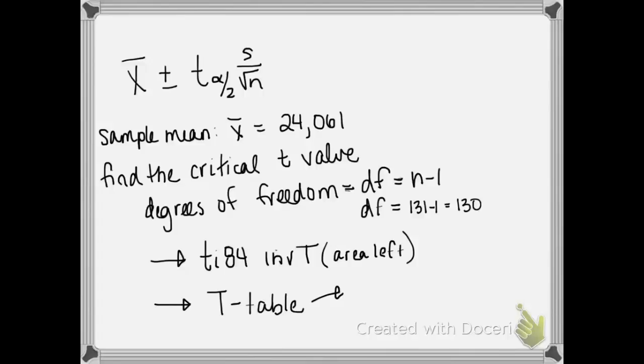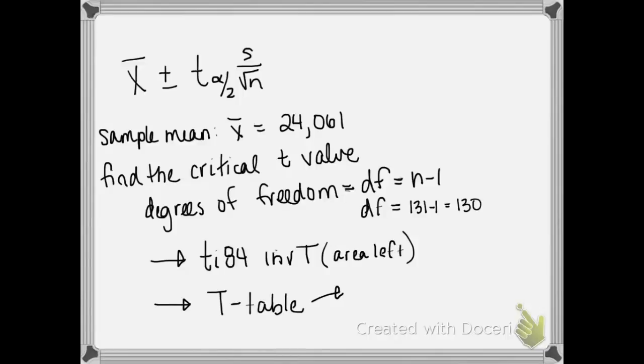We know the sample mean, x bar, is $24,061. Next, we're going to add and subtract the critical t value here, not the critical z value. For the critical t value, we need to know the degrees of freedom. That's n minus 1. If we have 131 minus 1, then our degrees of freedom are 130.